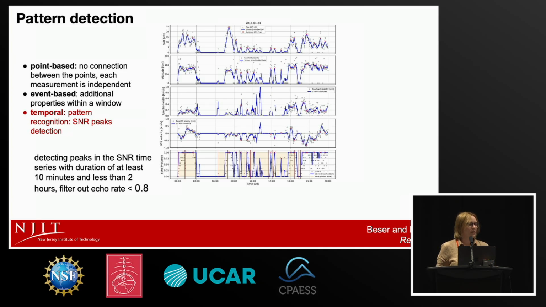We filter them based on the echo rate, so we don't want peaks that are associated with an echo rate of less than 0.8. And we check whether the peaks are within the RISR-identified patches.